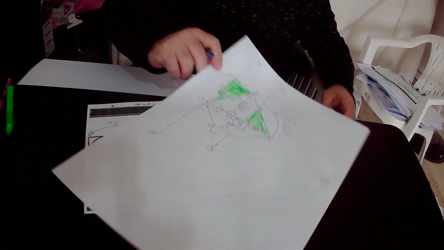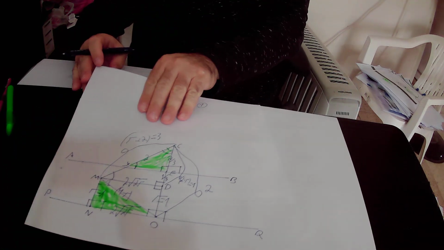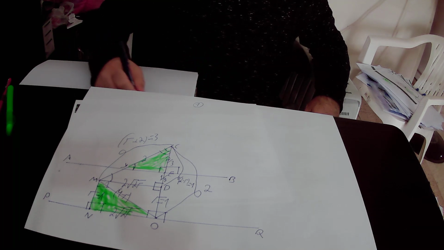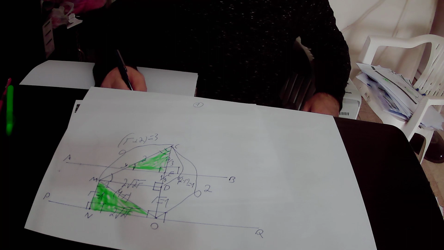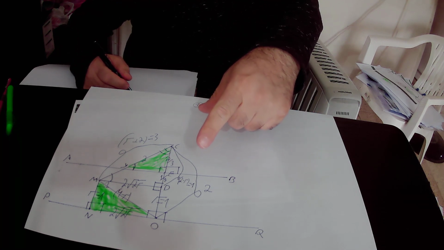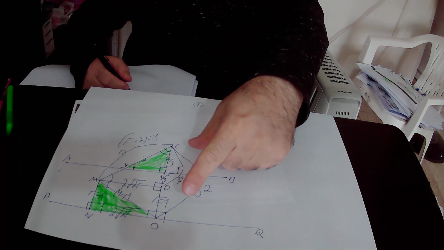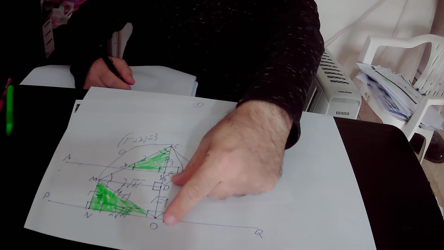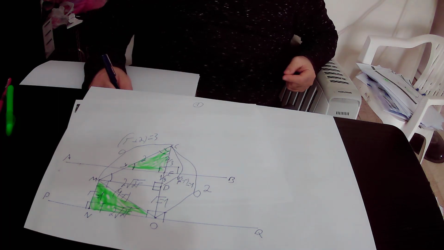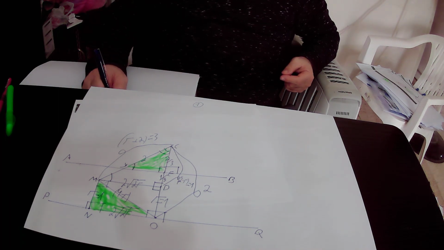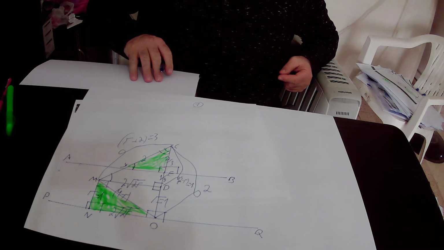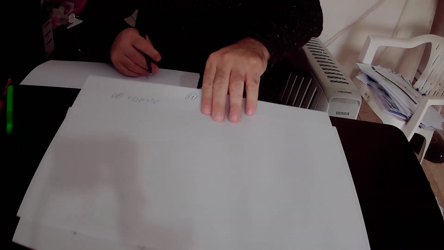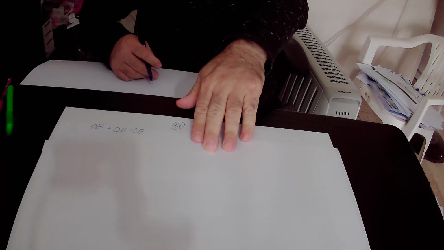And what is the value of line segment OE? From the drawing you can see that OE equals OD plus DE. I will repeat again. OE equals OD plus DE.